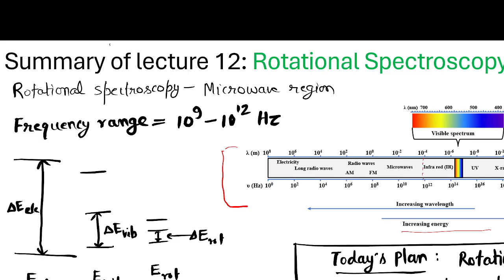The frequency range for rotational spectroscopy is 10 to the power 9 to 10 to the power 12 hertz, and this is the microwave region. So that's why we call rotational spectroscopy microwave spectroscopy.